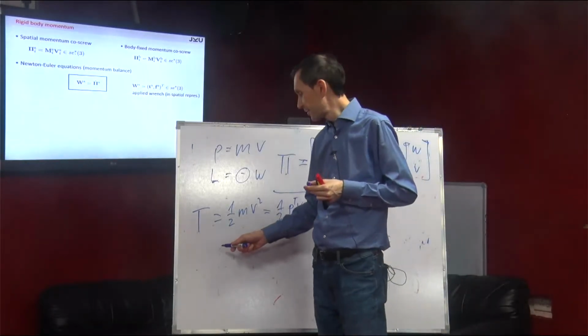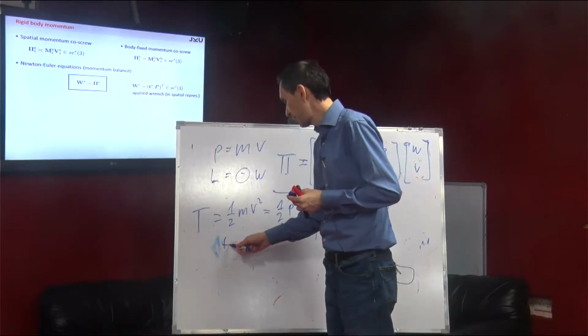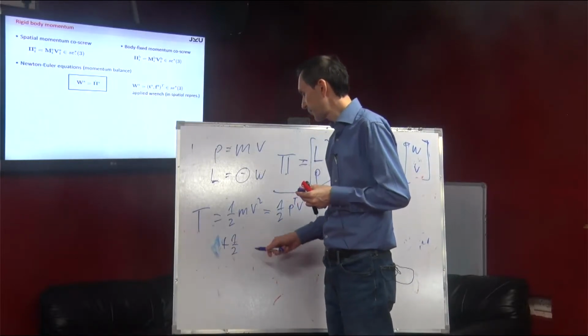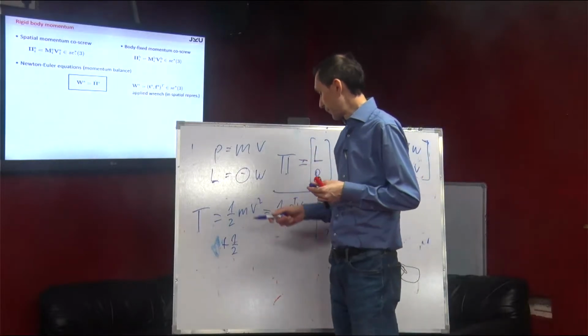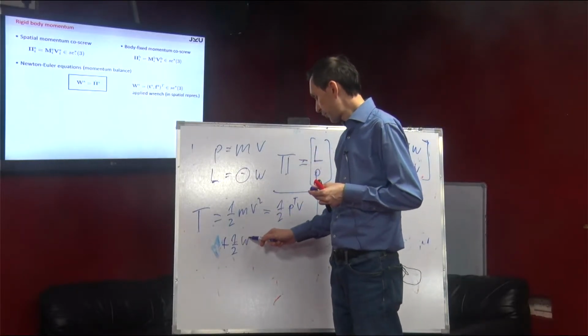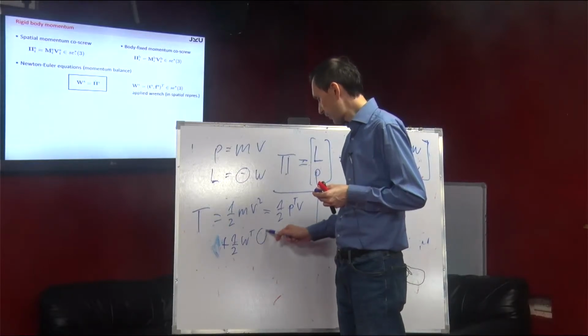We have the angular part, that is missing. So essentially, you have a half times omega transposed times theta times omega.